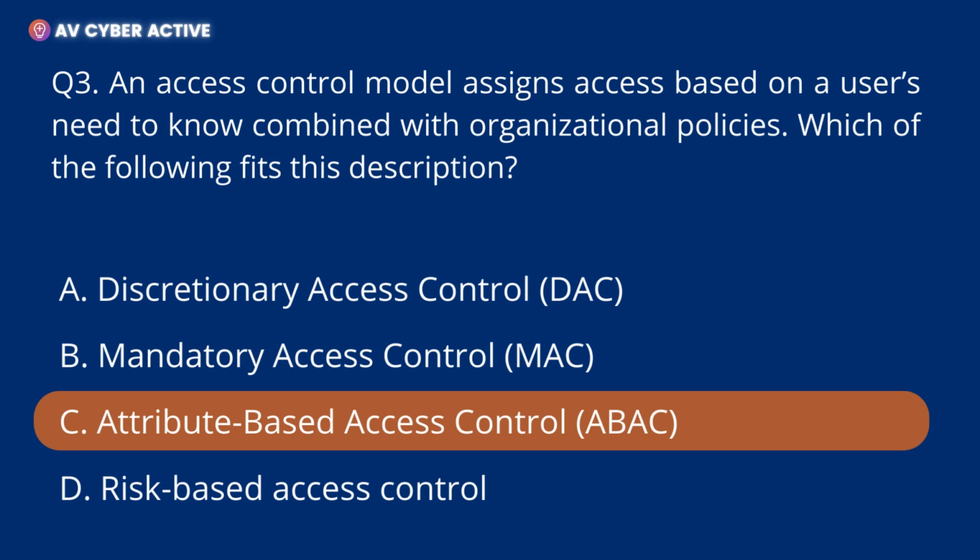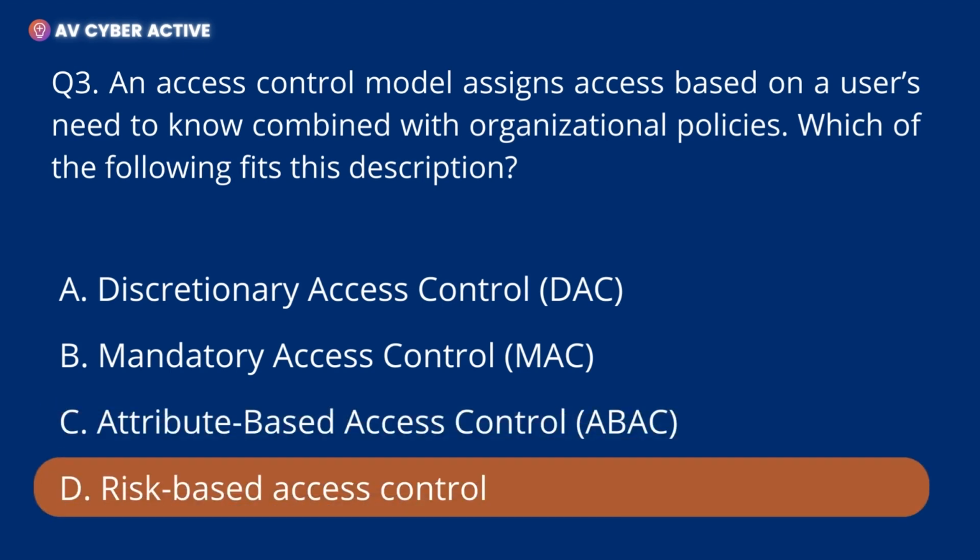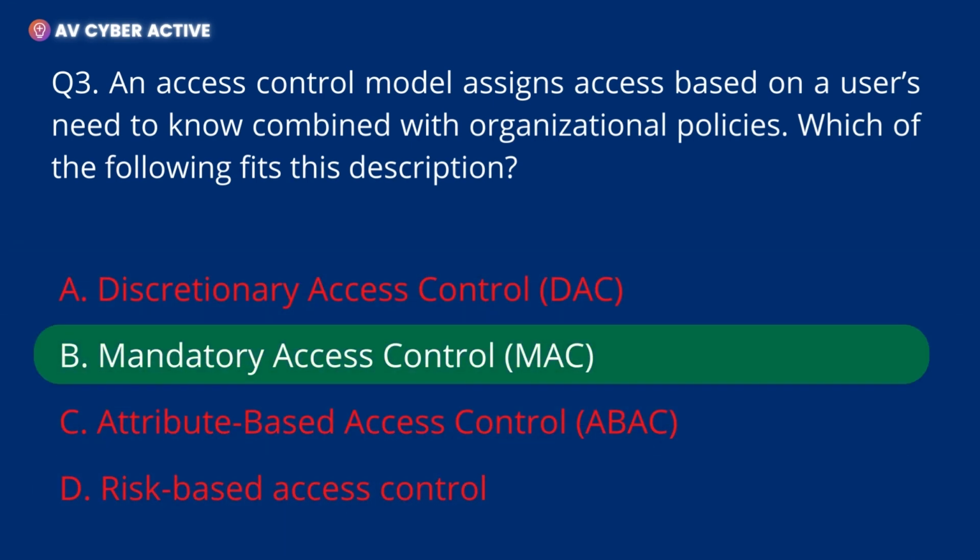So these are the attributes. But does that apply to the context of the question? It's saying access control assigned based on need to know. Not really. Attributes and need to know don't quite go together. Risk-based controls, absolutely not, at least not in this question. So our correct answer is going to be mandatory access control.